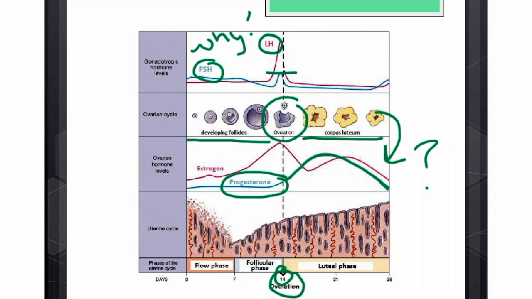Why does that occur? Well, where does progesterone come from? Progesterone is going to come from the corpus luteum, and we don't even have a corpus luteum available until after this 14-day ovulation.